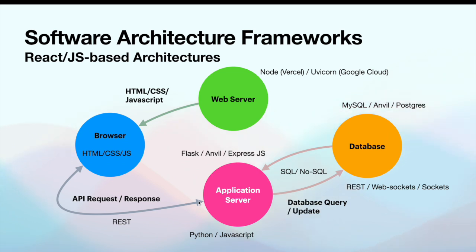The application server also handles database queries and updates, interacting with databases like MySQL, Anvil, or Postgres, using SQL or NoSQL approaches. Often through REST, WebSockets, or sockets. The key difference here is the prominent role of JavaScript and React on the client side for dynamic user interfaces. It's really about that interactive experience.